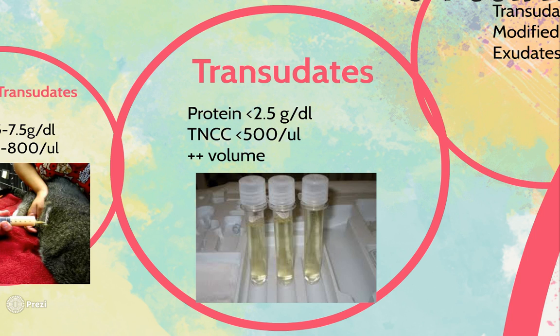So if there's a decrease in oncotic pressure, that fluid's not getting drawn into the circulatory system. It's actually being left in the interstitial fluid and in the abdominal cavity, in the thoracic cavity, in the pericardial cavity. So it's a decrease in oncotic pressure.